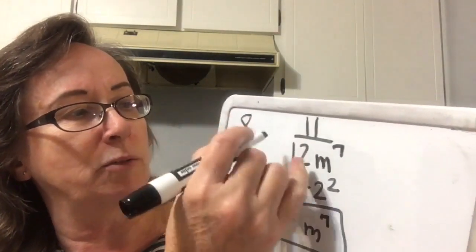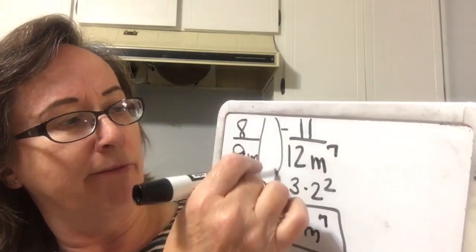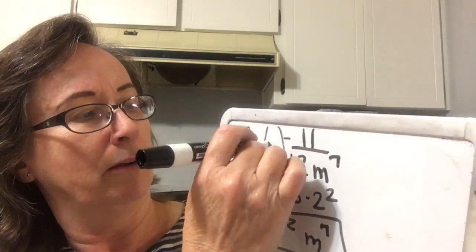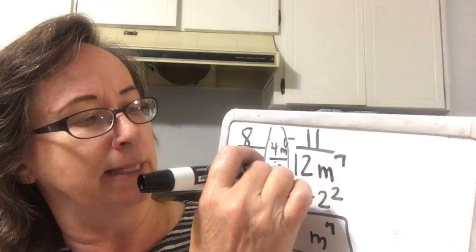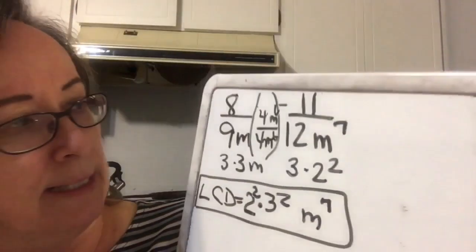So I'm going to just squeeze this minus sign a little bit and multiply by 4m to the 6th over 4m to the 6th. Try to write real tiny, 4m to the 6th over 4m to the 6th.